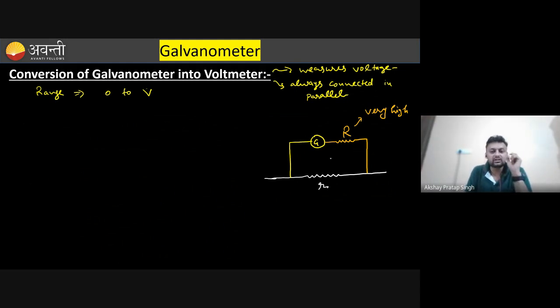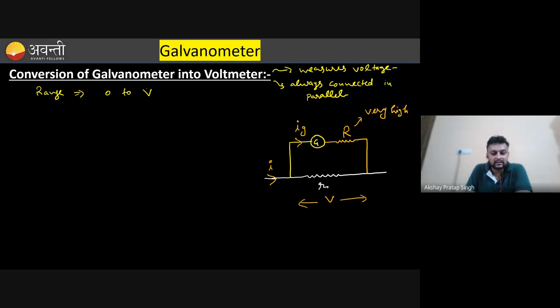And this combination is known as voltmeter. Clear? Now, for the measurement purpose, let's suppose the potential across this resistor is V, which is the maximum potential, and suppose current entering from here is I. For maximum potential, the current through the galvanometer is the full scale deflection current, that is Ig.